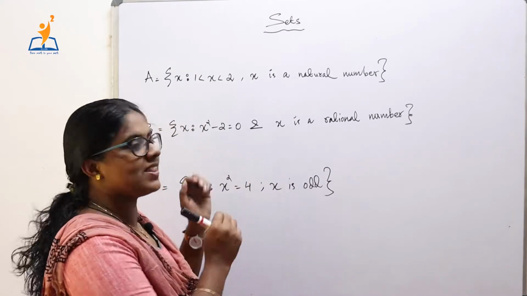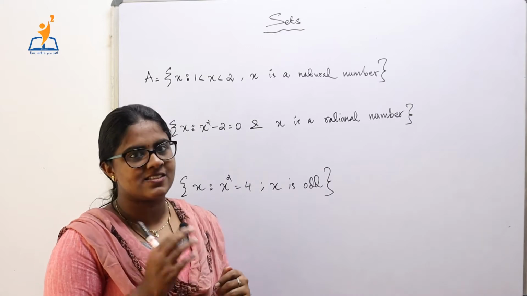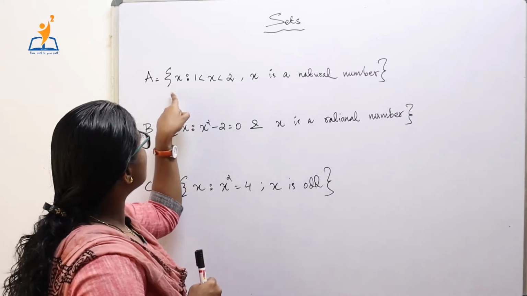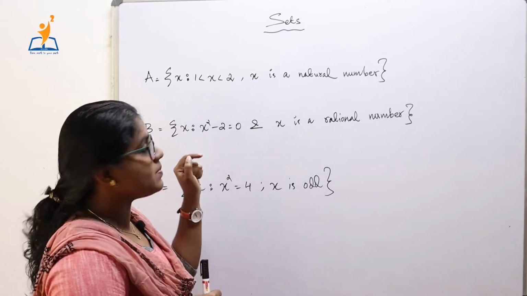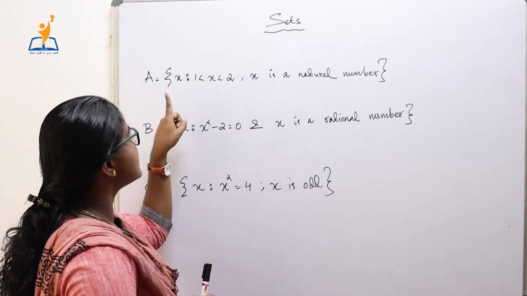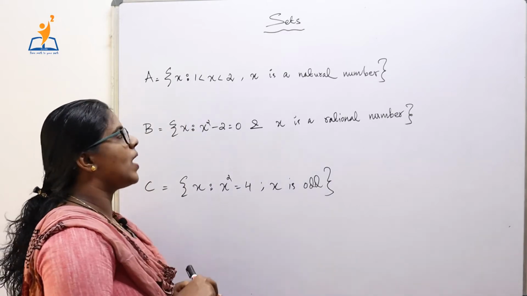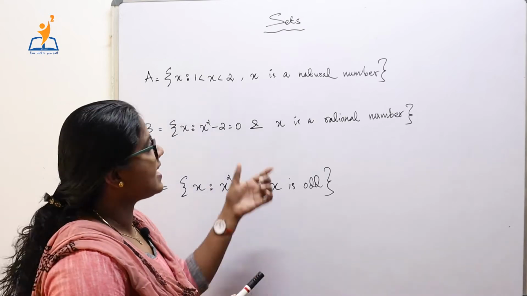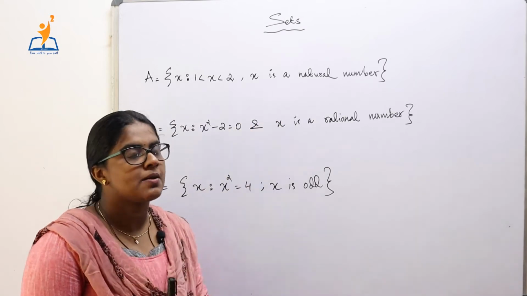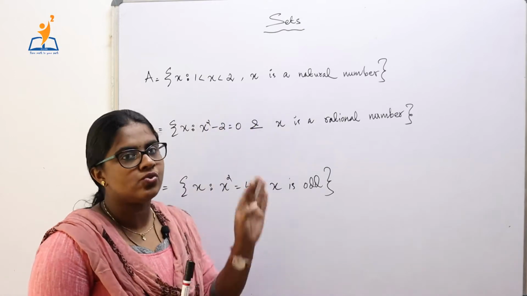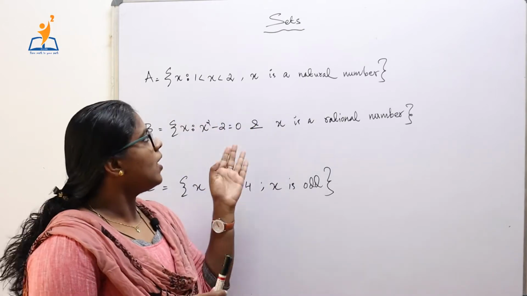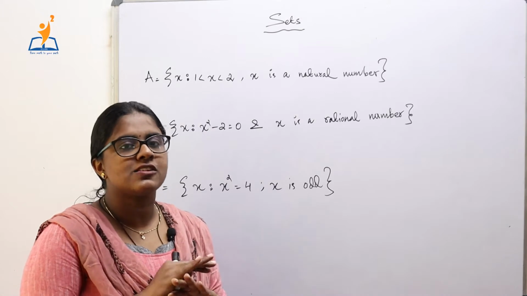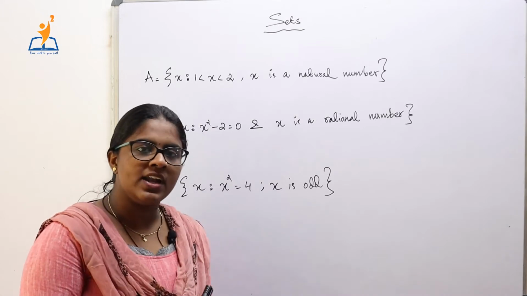Now let's check whether these sets are empty sets or not. First, check whether the set A is an empty set or not. Set A is the set of all x such that 1 less than x less than 2, where x is a natural number. That is, the set of all natural numbers between 1 and 2 is our set A. It is clear that there is no natural number between 1 and 2.